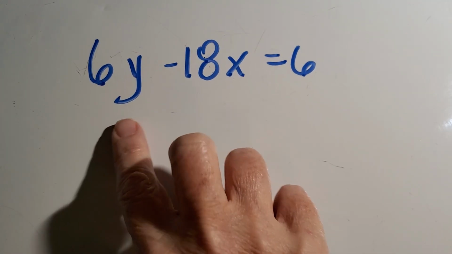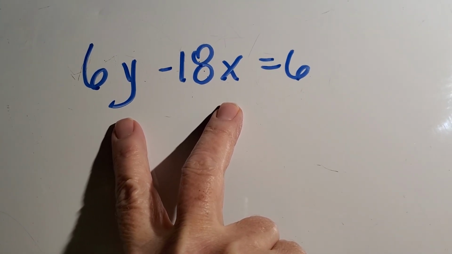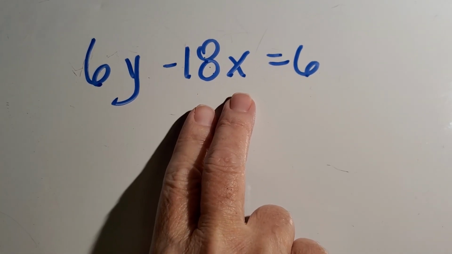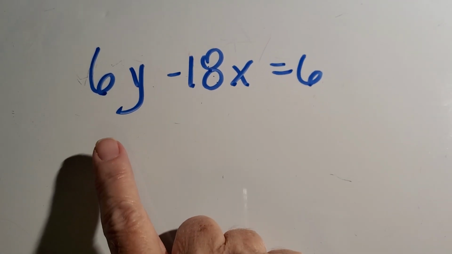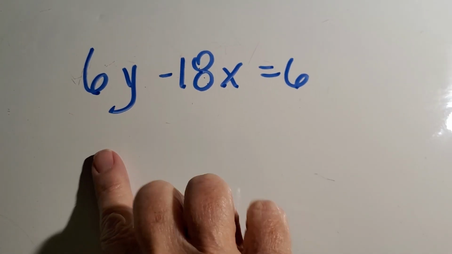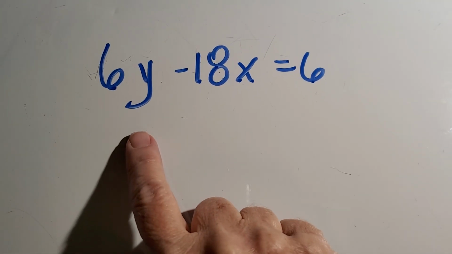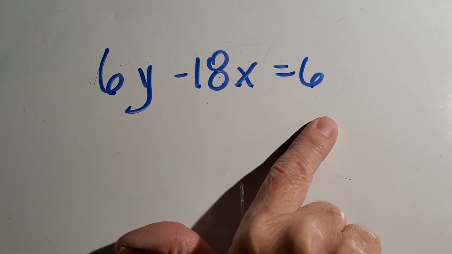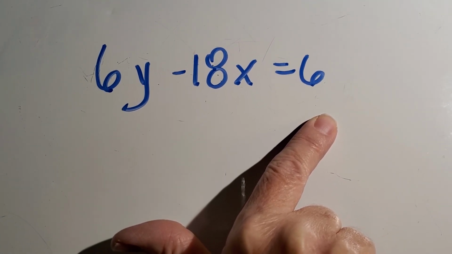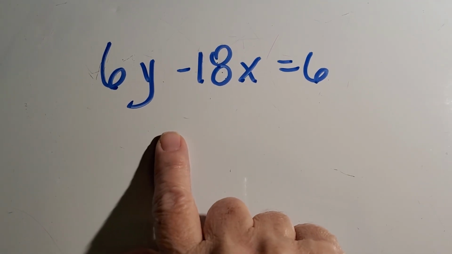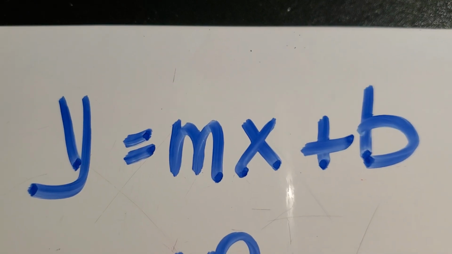If it's got an x and a y in it, it's still just going to be linear because our x's are just to the first power. But when we have x's and y's in an equation, a common type of problem that we do with those is rearranging them, putting them in slope-intercept form, and then graphing them. And that is what we're going to do with this one.